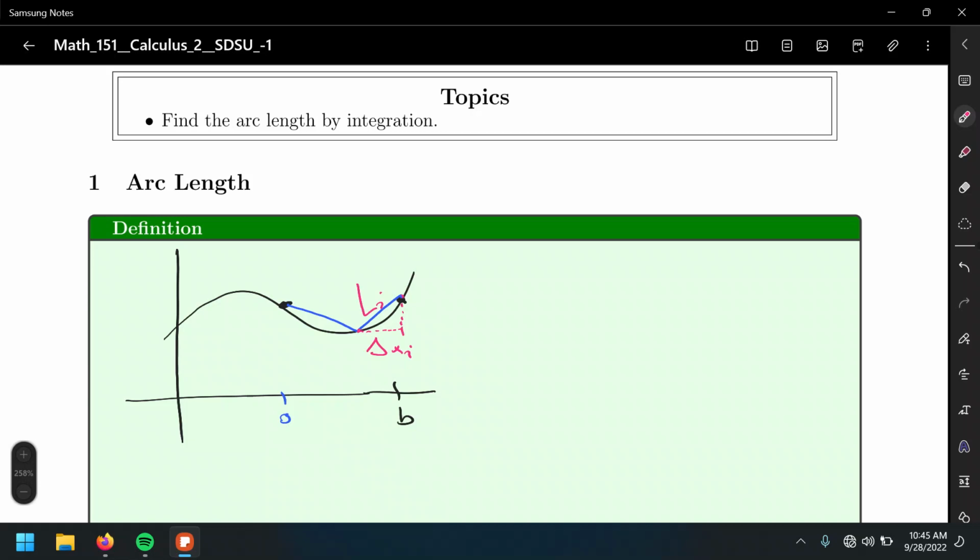So that's an increment or some change in the x direction, and let's call this delta y sub i, right? What is this? Isn't that just a right triangle? Okay, so let me write that right triangle a little bit bigger. So that's L sub i, delta x sub i, delta y sub i.